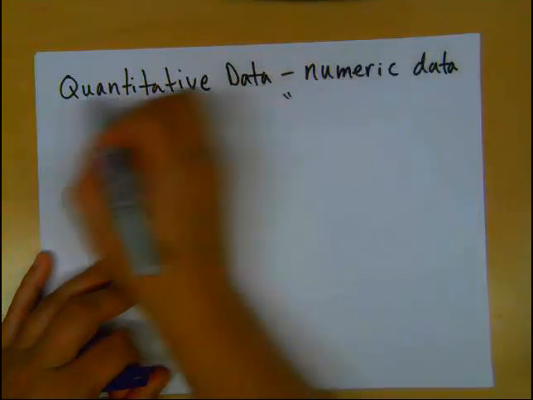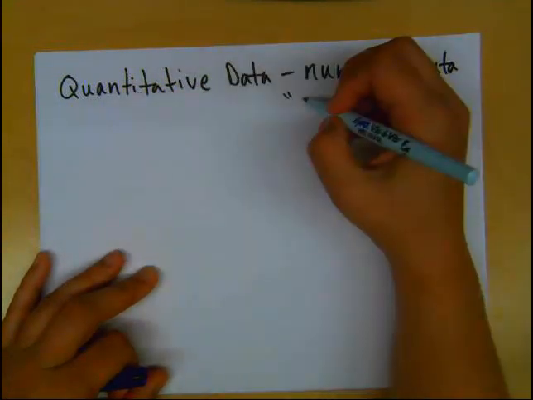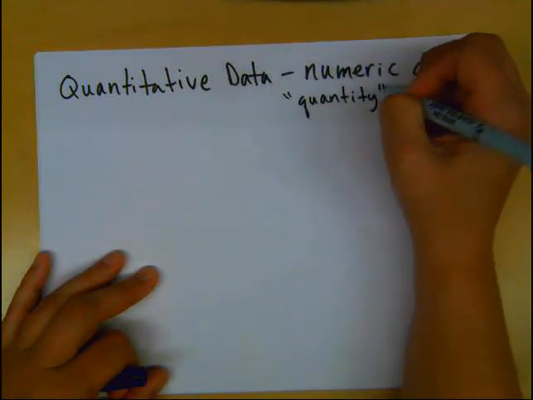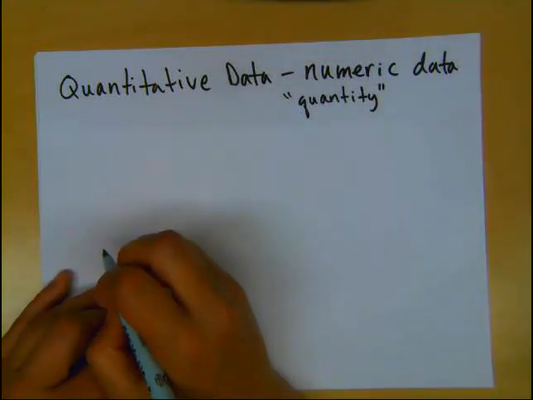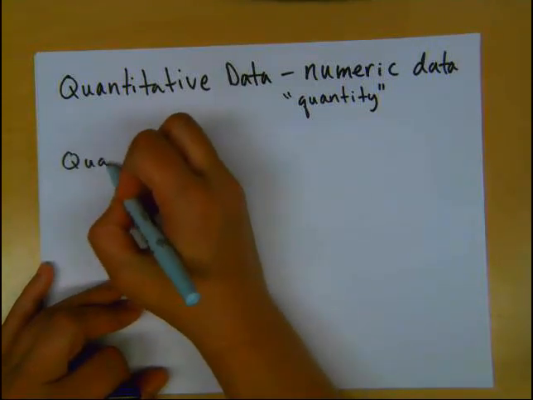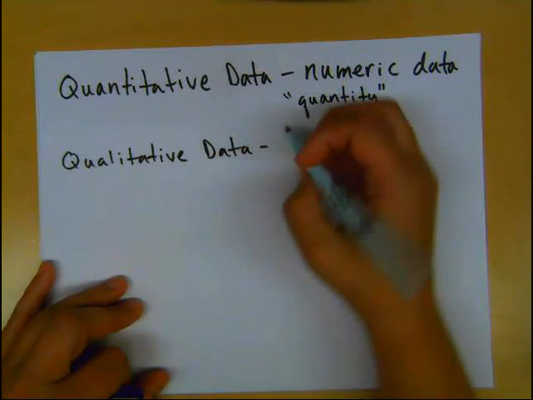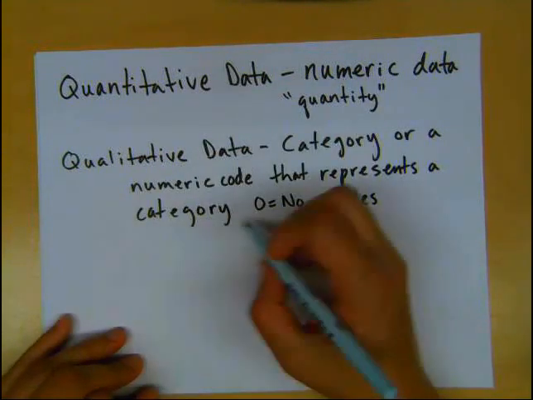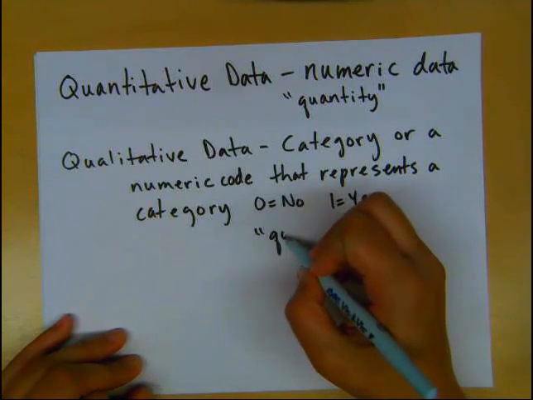I like to shorten up the first part of the word and think of this as a quantity, just to help me distinguish it from the next one, which is qualitative. With qualitative, think of quality.